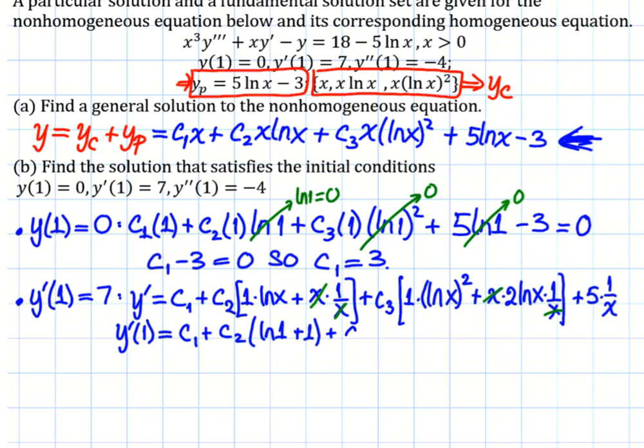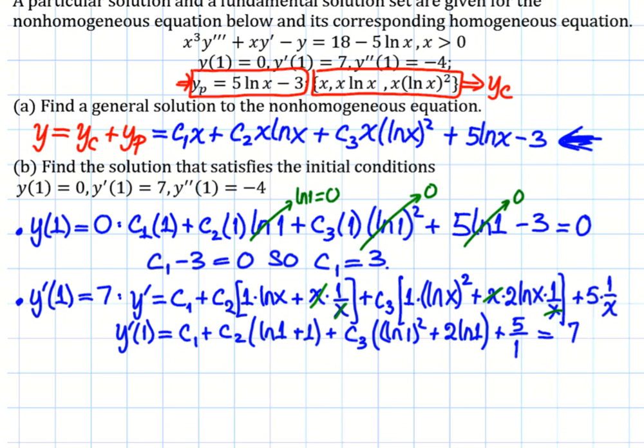So we have C3 ln of 1 squared plus 2 ln of x, ln of x and x being 1. Plus 5 over x is equal to 7, because when x equal to 1, the derivative equal to 7.